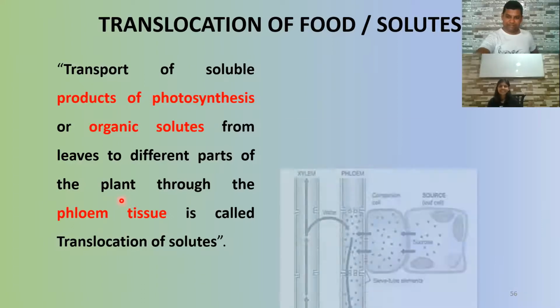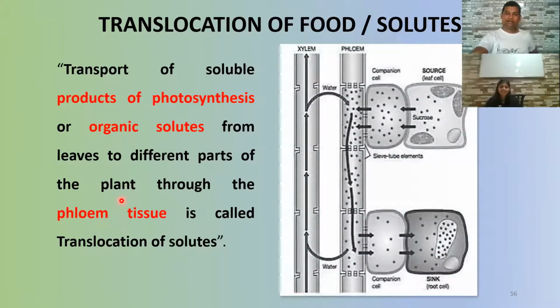So जो पहला हमने translocation देखा वो xylem में था, water with the minerals in it. ये वाला है phloem tissue जिसमें pass हो रहे हैं organic solutes. Translocation of solutes.